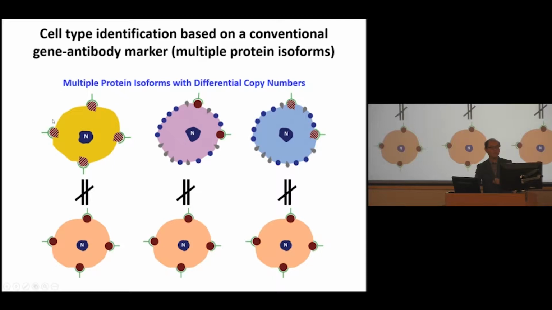Therefore, all these three different types which show the binding of the antibody may not represent the cells that you are looking for. So it can quite mislead your immunohistochemistry data and flow cytometry data, because your antibody may bind to second isoform or third isoform of the same gene. Or your antibody is binding really a minor population of the proteins produced by the specific gene that you are studying.